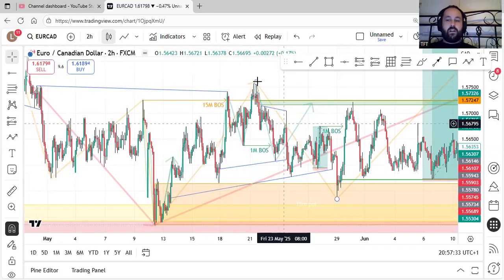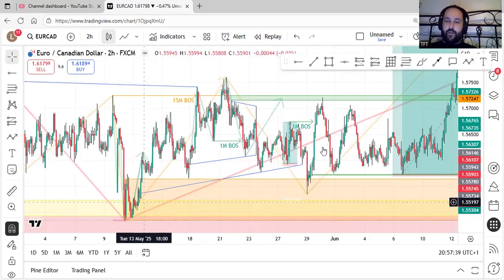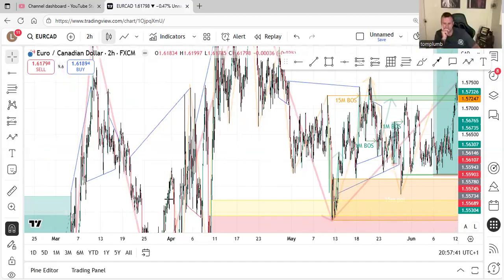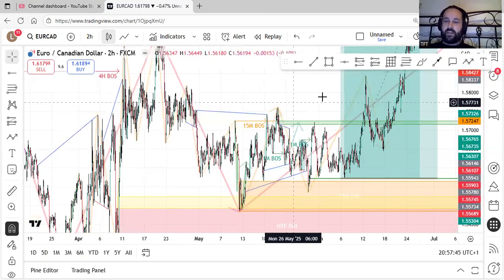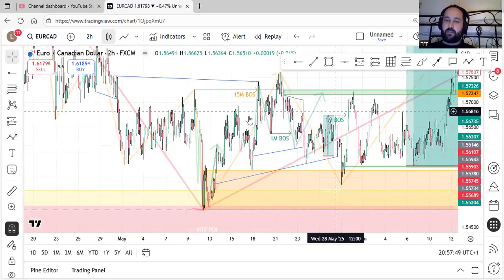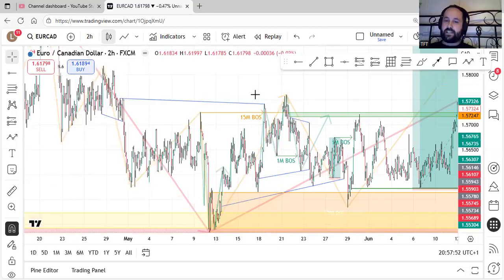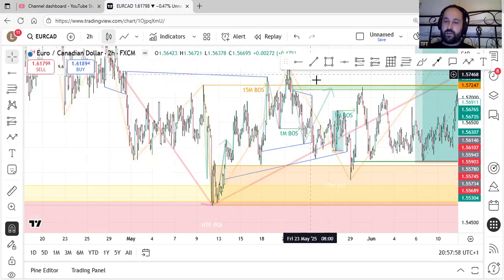So obviously if I'd have caught something, say, from this zone, I'd be fully aware that the 4 hour is majorly bullish and we had just turned 15-minute bullish. And this is why I said taking the high was a target on here. I don't think it's going to take the low because we have turned 15-minute bullish.